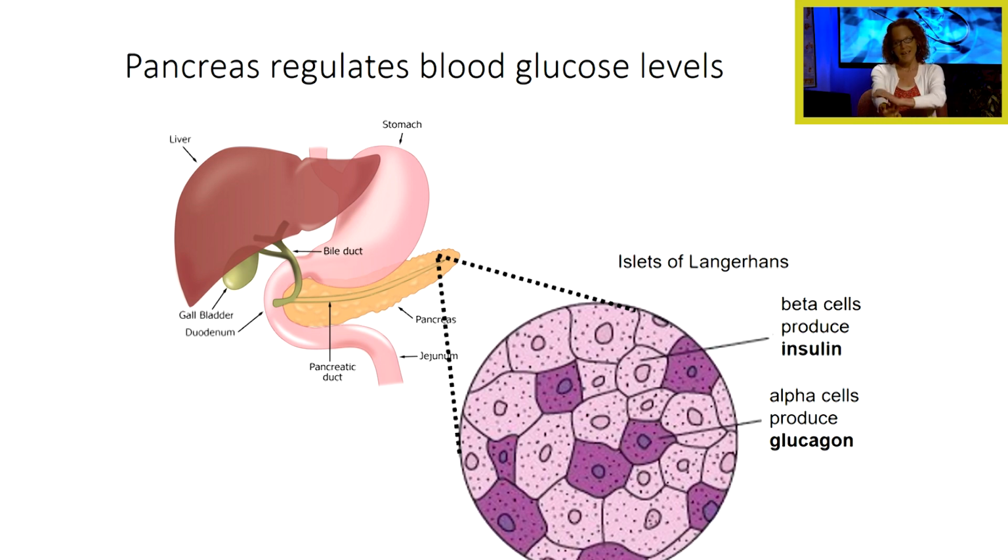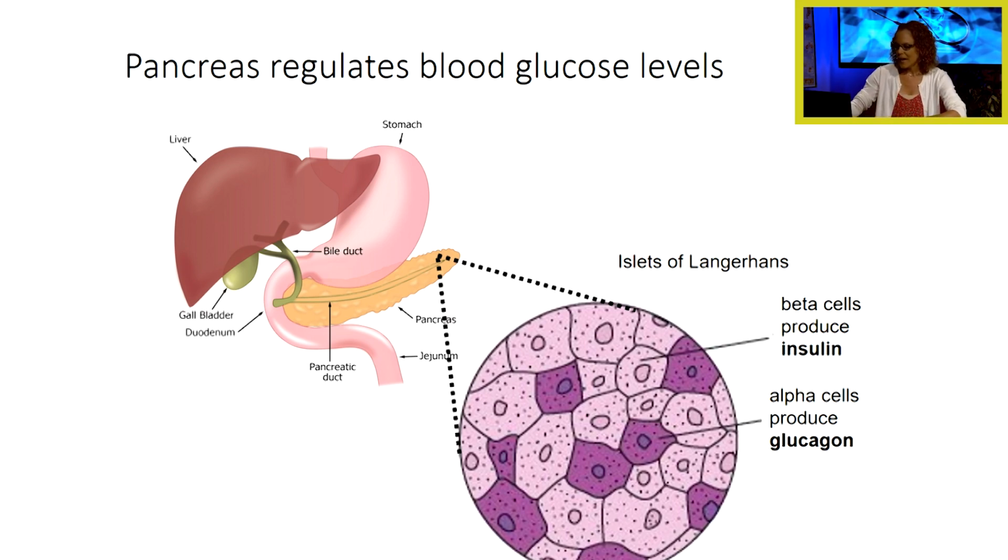And so what we're looking at right now is a close-up of the pancreatic tissue as we see the beta cells and the alpha cells. And the islets of Langerhans are the area in the pancreas where all this takes place.